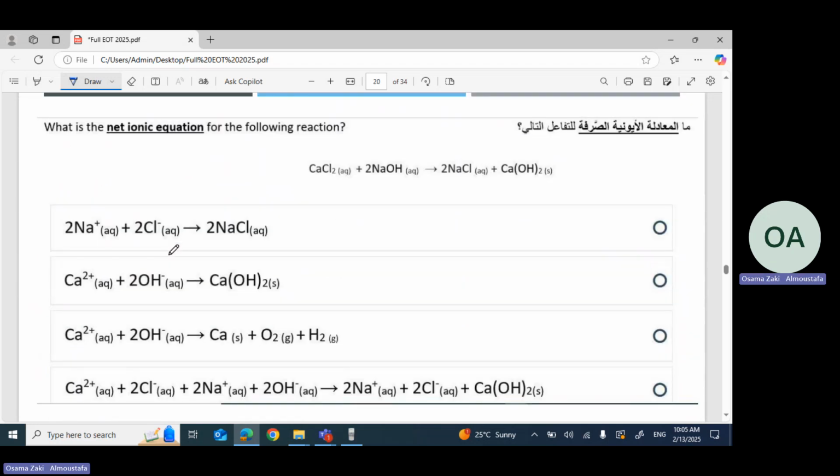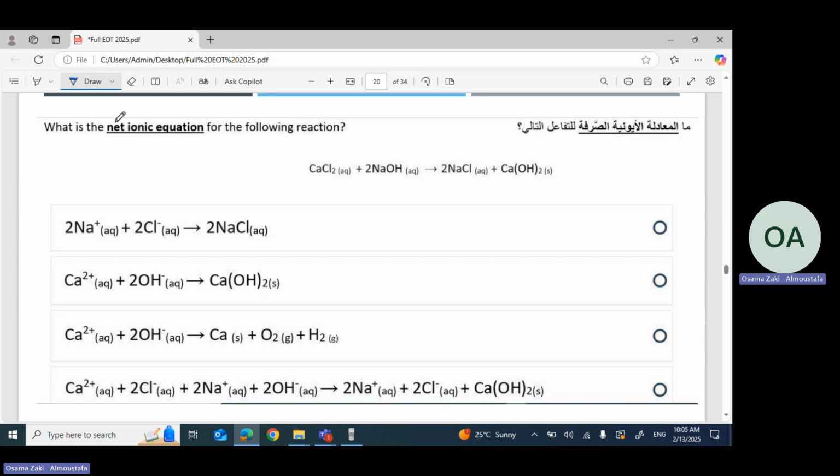Okay. So now, what is the net ionic equation of the following reaction? How to get the net ionic equation? You can break it down into ions and solve it and cancel out the spectator ions, but there is maybe an easier way to get the answer.